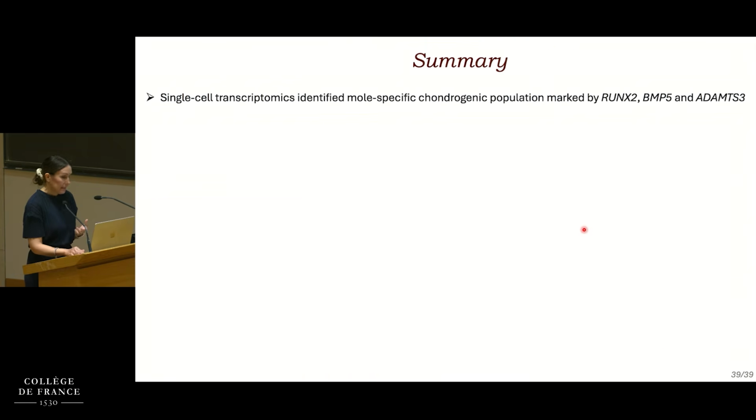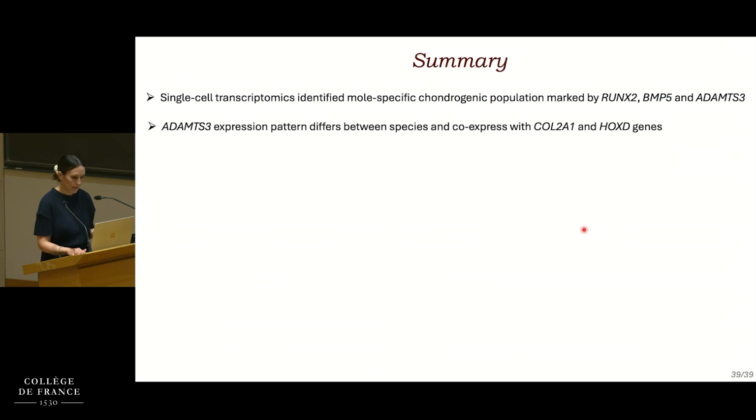And with that, I would like to sum up and show you the main highlights. We have used single-cell transcriptomics to identify a specific chondrogenic population in the mole limbs, and this is marked by RUNX2, BMP5, and ADAMTS3. ADAMTS3 expression differs between species and is co-expressed with COL2A1 and HOXD genes.